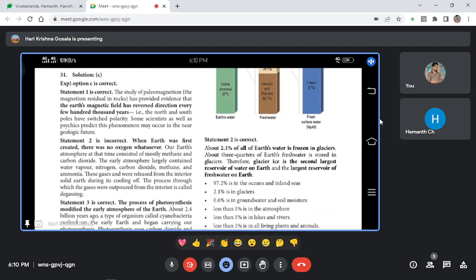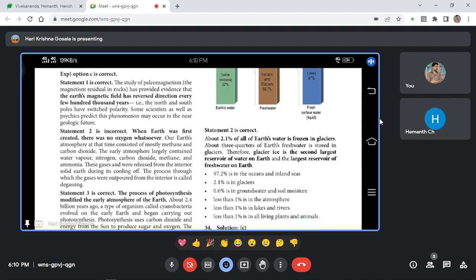About 2.1% of all Earth's water is frozen in glaciers. About three quarters of Earth's fresh water is stored in glaciers.